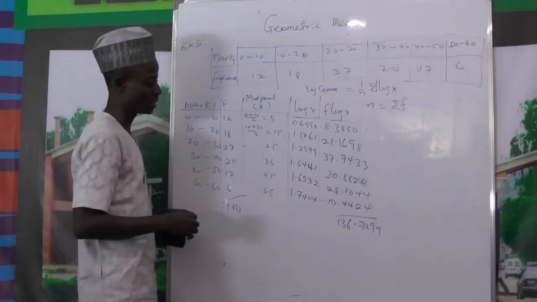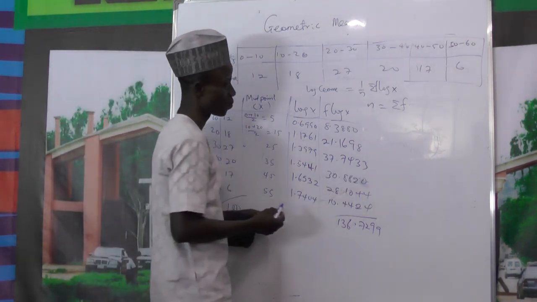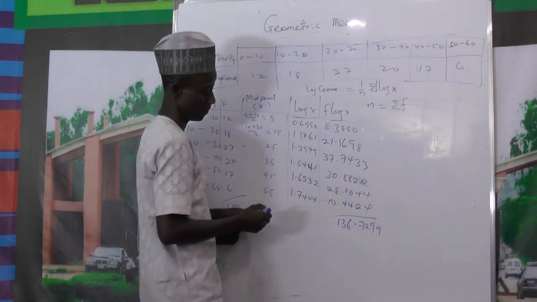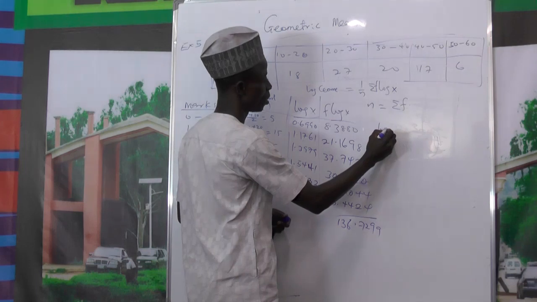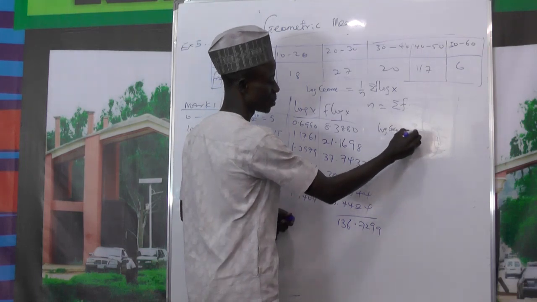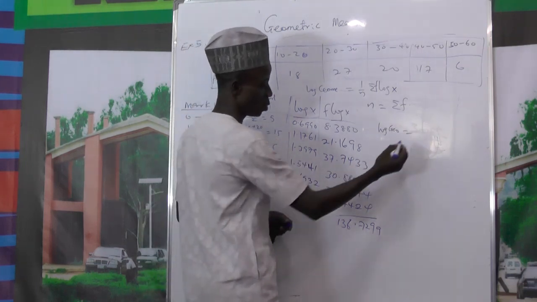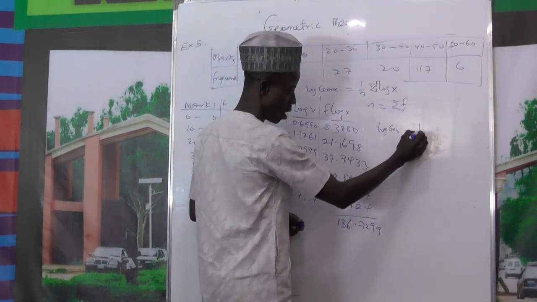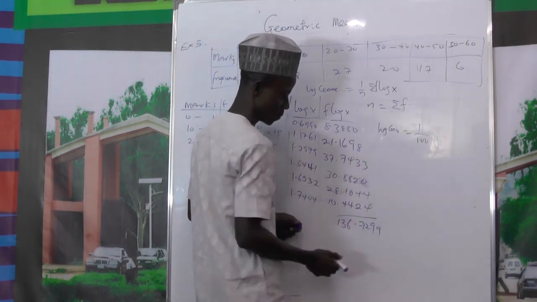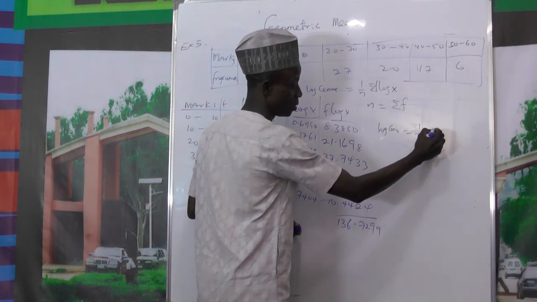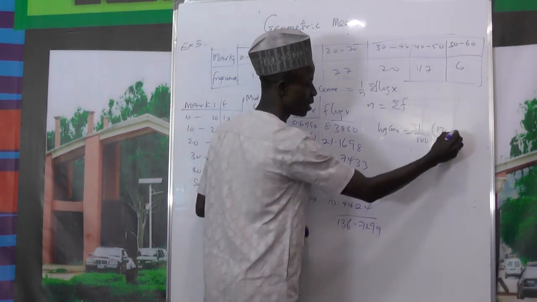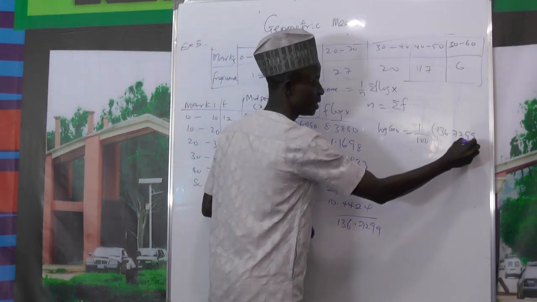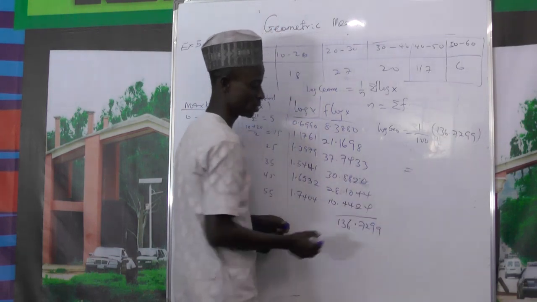So by that, we now come back to our log of the geometric mean, which is equal to 1 all over 100 multiplied by 136.7299.